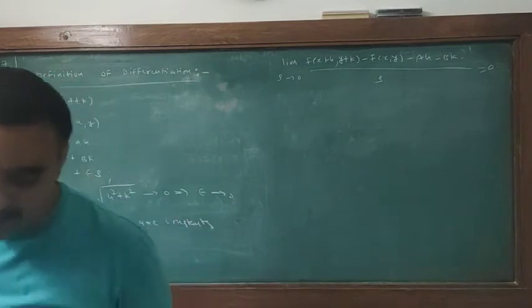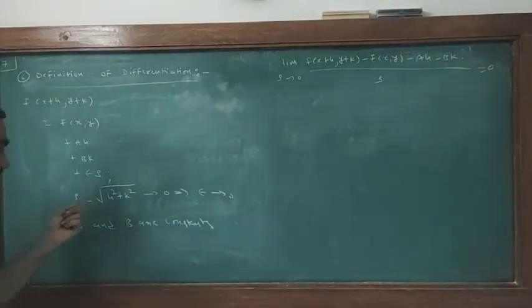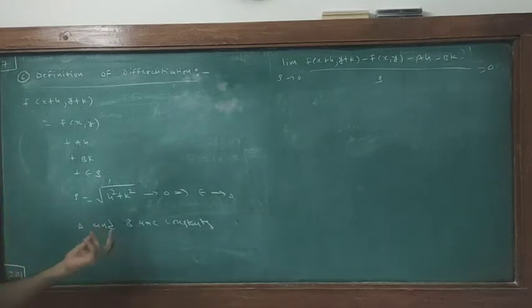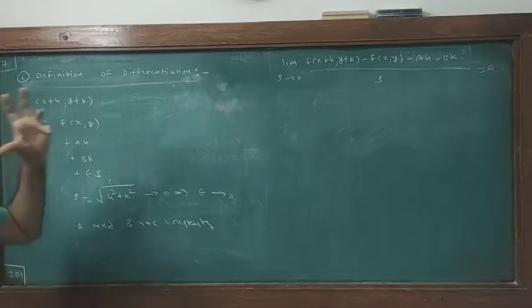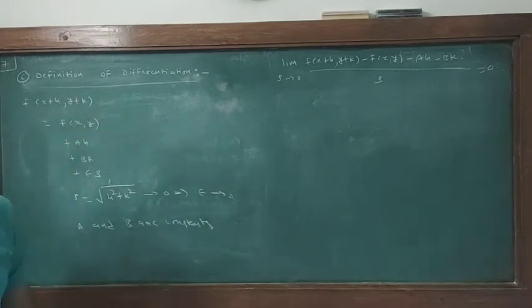Either way you can say that if rho tends to 0 implies epsilon tends to 0. This is the definition of differentiation, and it is totally different from what we understand in one dimension.